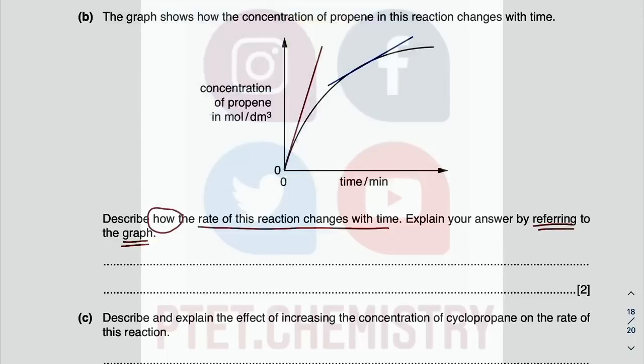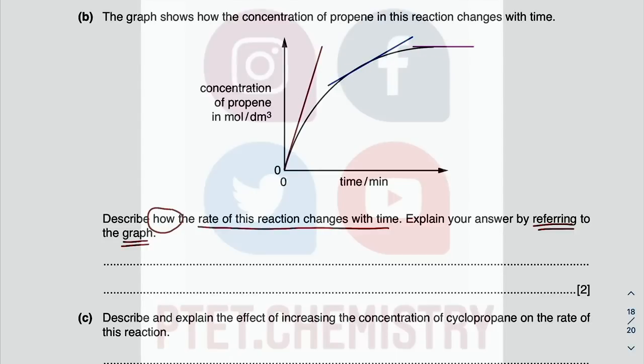I hope you can see that the steepness of the slope is slowly getting less and less steep until eventually it becomes horizontal.